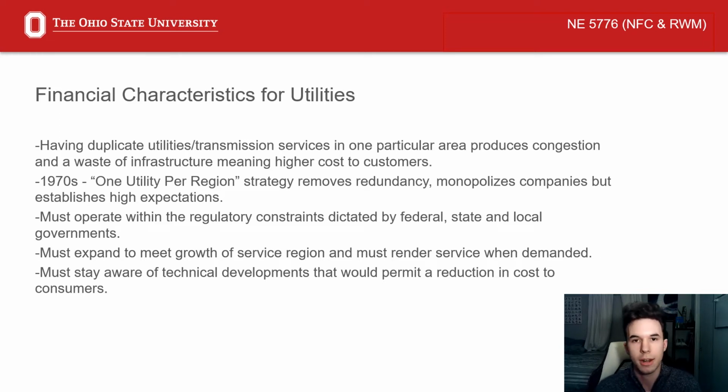So this new strategy was adopted in the 1970s called the one utility per region strategy. This essentially removed redundancy, and as a result, it monopolized companies in their particular regions.